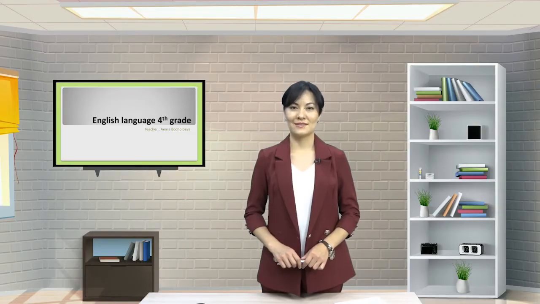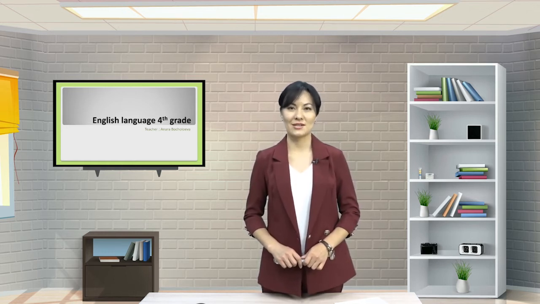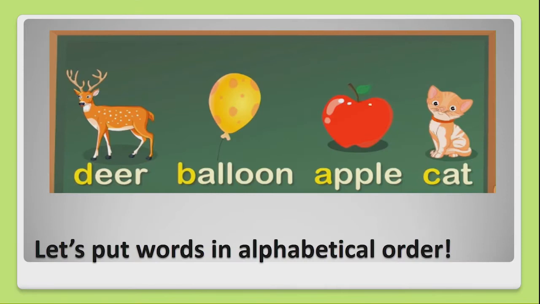Hello children! Welcome to English class. How are you? I hope you are doing great and ready to start our lesson. Let's go! Now look at the picture and put the words in alphabetical order. We have words deer, balloon, apple, cat.